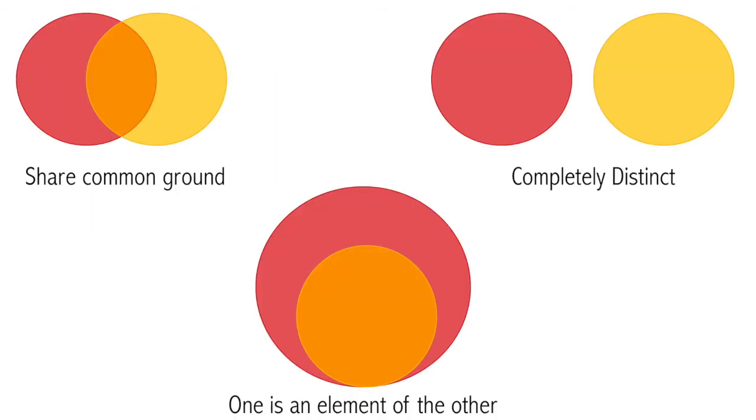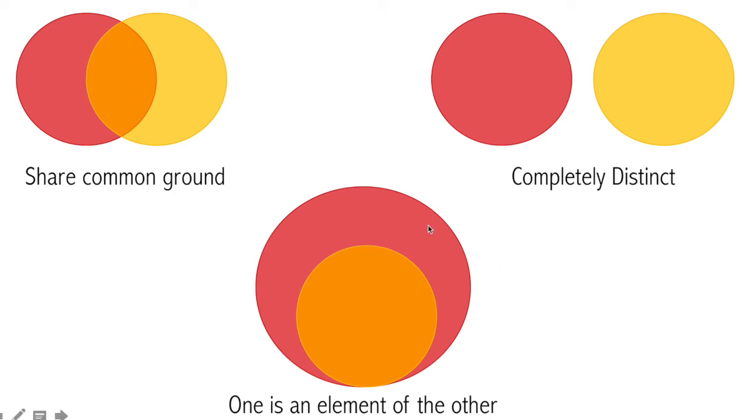Venn diagrams. Now it's very important to understand what each of these three means. If you have two shapes that intersect, they share common ground at the points where they intersect, but they also have distinct elements represented by the parts where they do not intersect. If it is two completely separated circles or ovals, they're completely distinct elements.